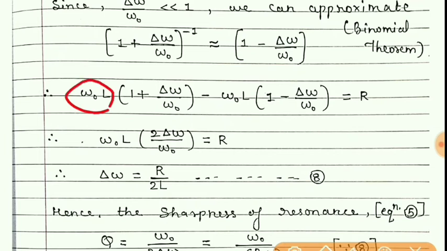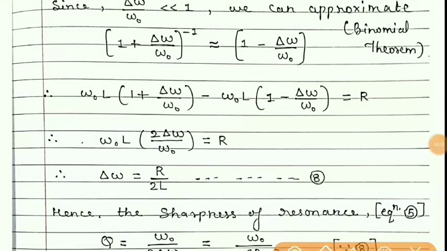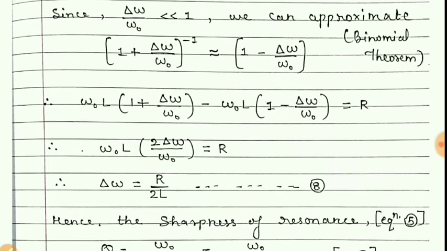Now, omega naught L is common, that is taken out. What remains inside the bracket? This term and this term. And after opening the brackets and simplifying this, we'll get 2 delta omega upon omega naught. So simple mathematics is there.